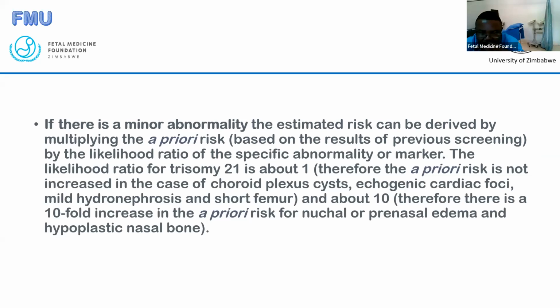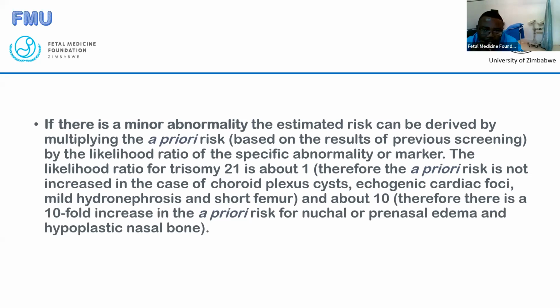Nobody will say they are grossly disabled because they've got a bent finger or an extra finger. It's a minor abnormality, or probably you just saw a mild ventriculomegaly, which will later on probably resolve on its own, or you just saw an echogenic focus in the heart. These are minor abnormalities. The heart is structurally normal. All we are seeing is an echogenic focus.